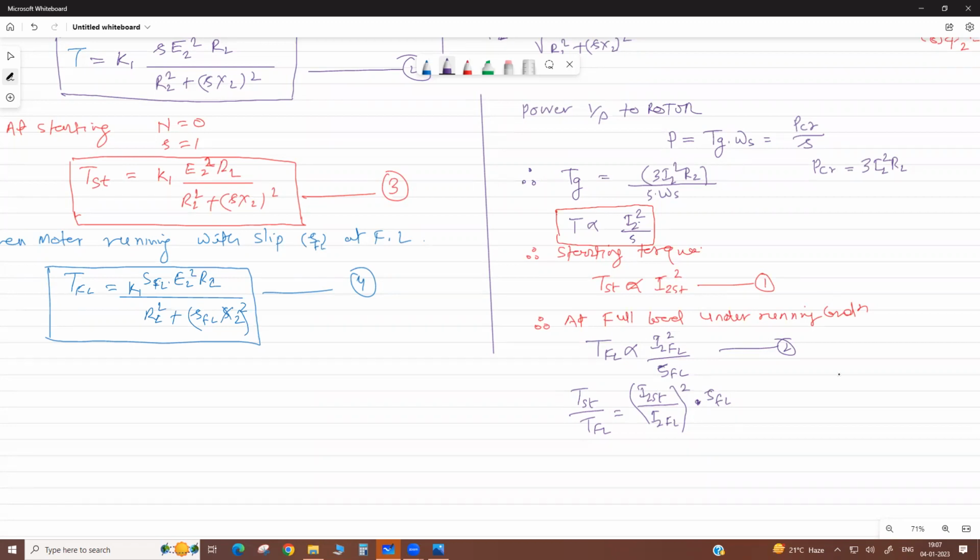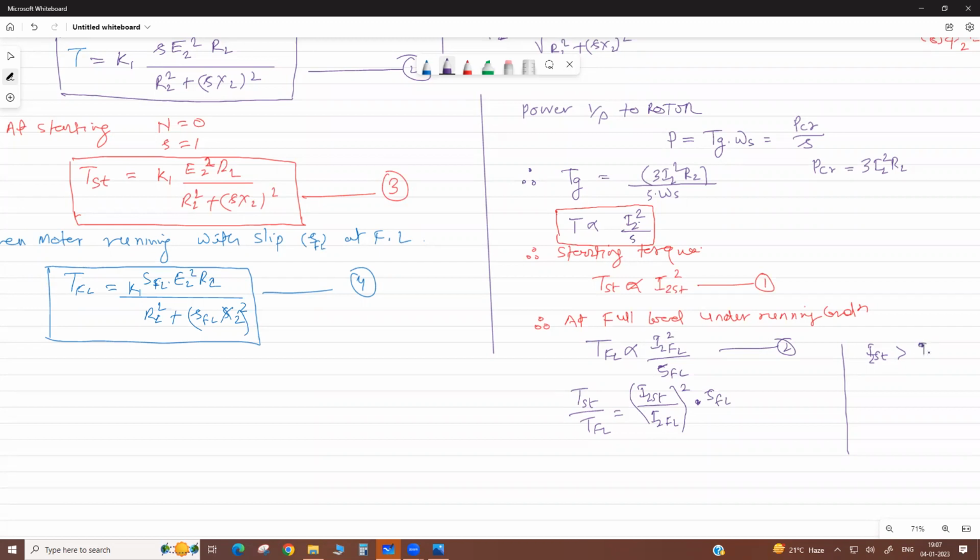Now it depends on what starter you use: star delta or a direct online starter. Your starting current is 6 times maybe, or √3 times in star delta, depending on the method of starting.